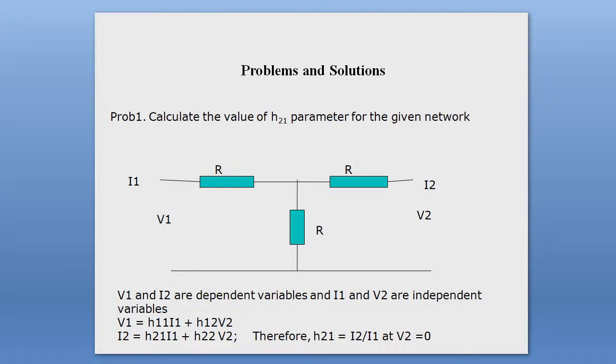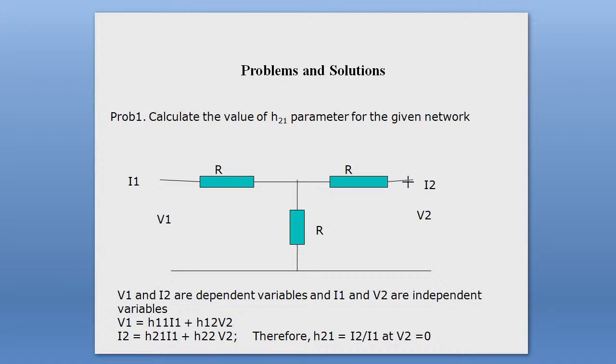So now you tell me the value of H21. First, anyone tell me what is the value of V2. You write the Kirchhoff voltage law for right side loop. Everyone listen to me carefully. You write the KVL equation for right side loop.